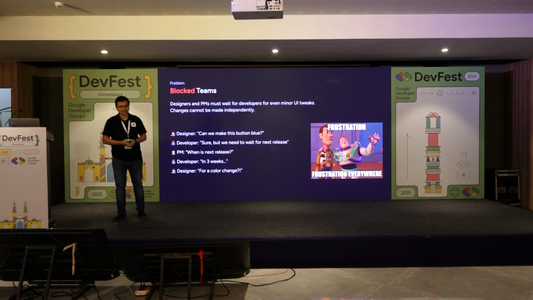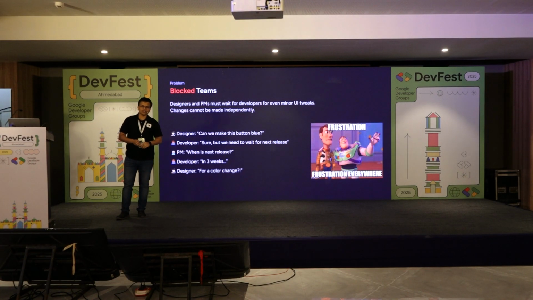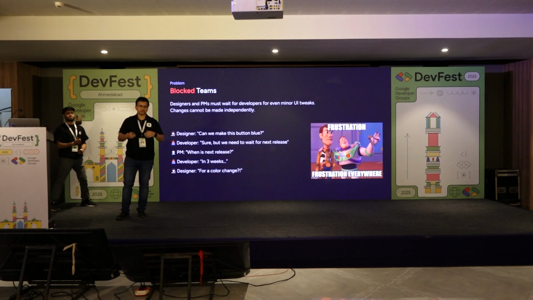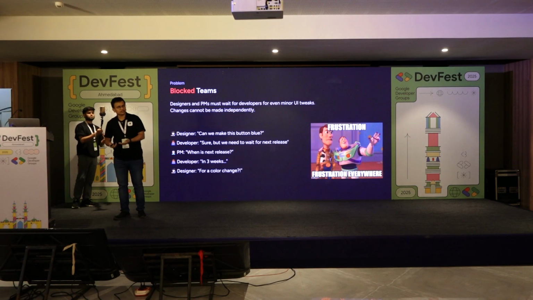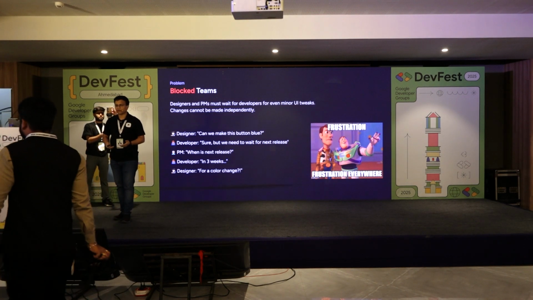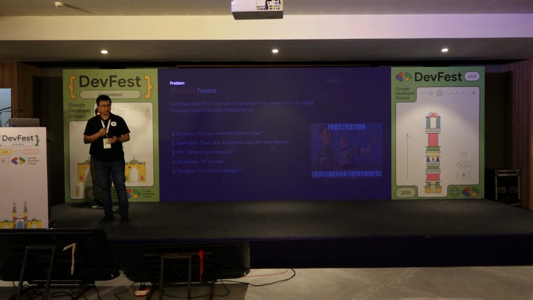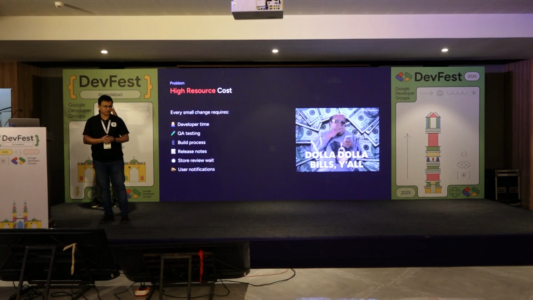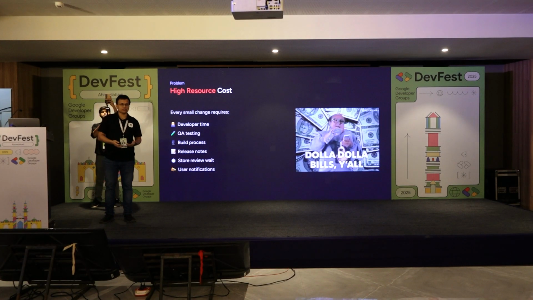Or let's say your backend changed the API, and either they can't deploy the API to a different version, or your app crashed because of the new version, and a lot of dissimilarities happen between backend, design, product, and development. And it also costs a lot of money.